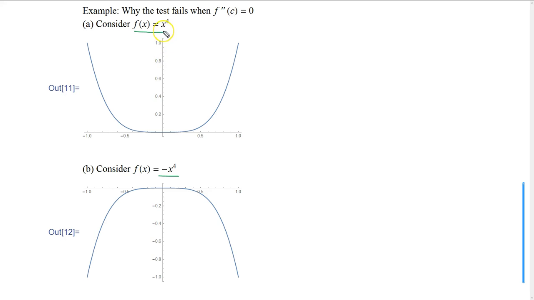Now you notice for x to the fourth, our graph is going to be concave up, and we have a relative minimum. It's actually an absolute minimum at 0, 0. You can see that from the graph, and you can verify this using the first derivative test. 0, 0 is a relative minimum.